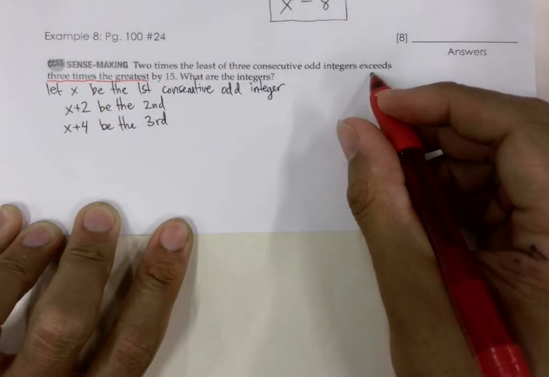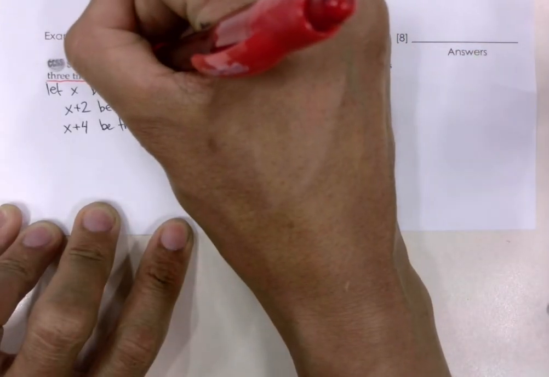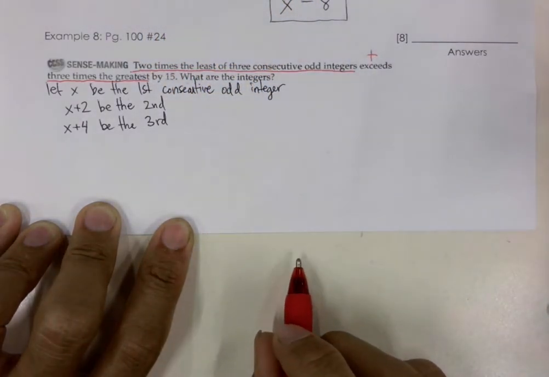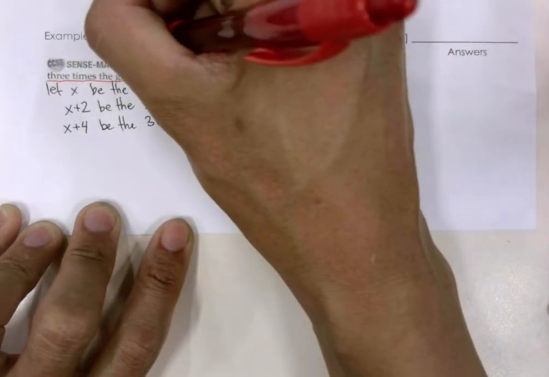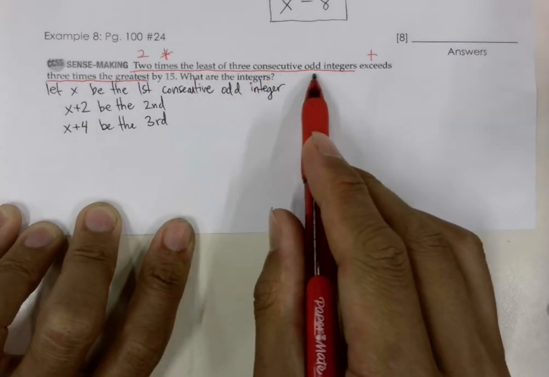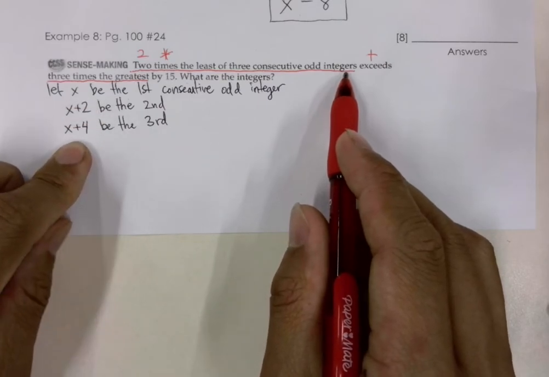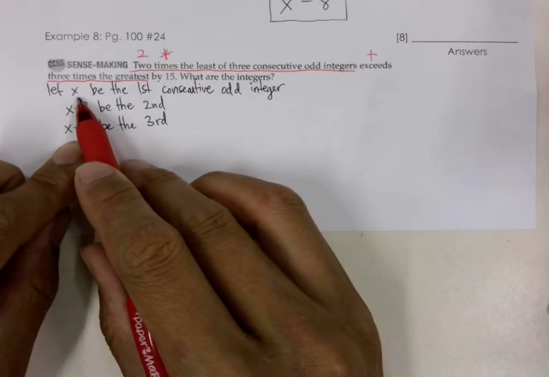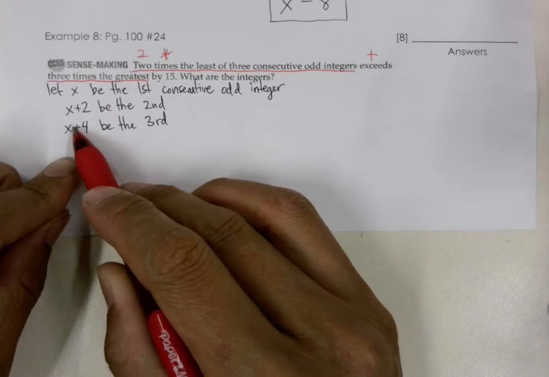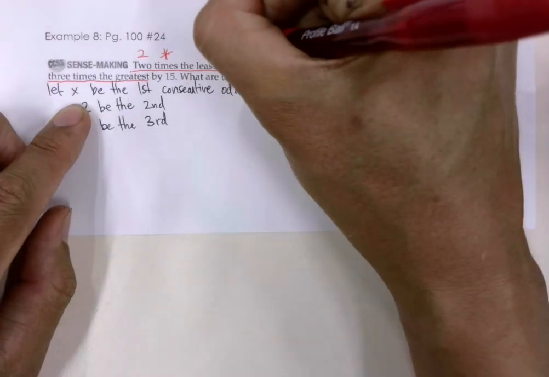Exceeds, I'm going to say plus, and I'm going to put a line under 2 times the least consecutive odd integer. Which of these consecutive odd integers is the least? Well, it's obviously x, because x plus 2 is bigger than x, and x plus 4 is bigger than x as well. So the least is going to be x.